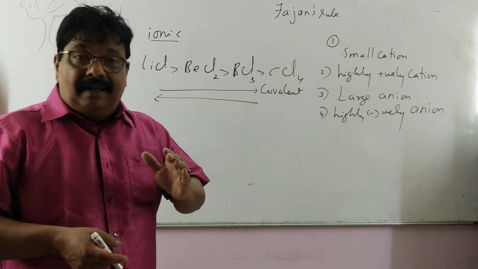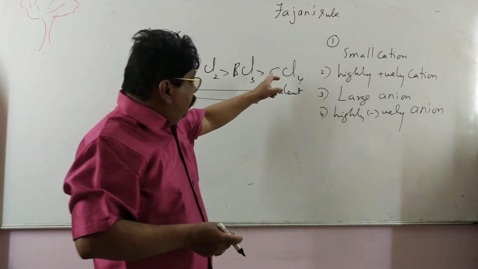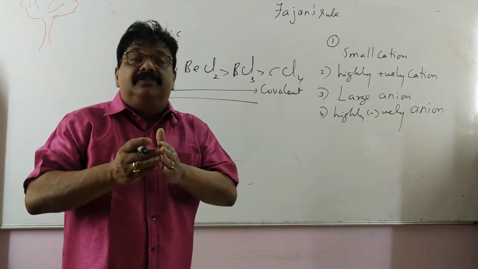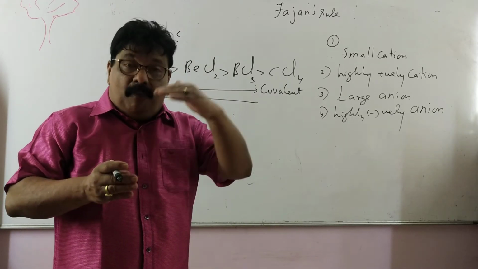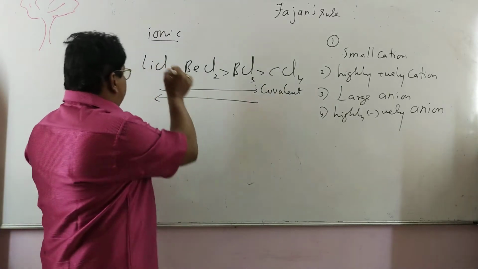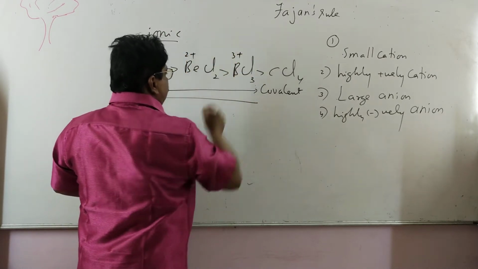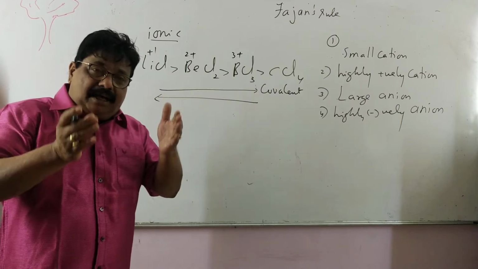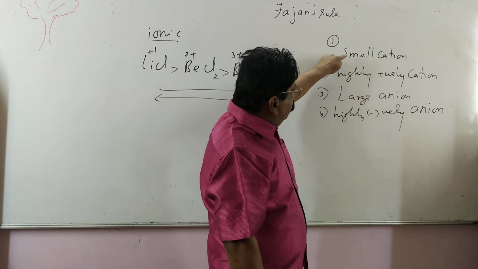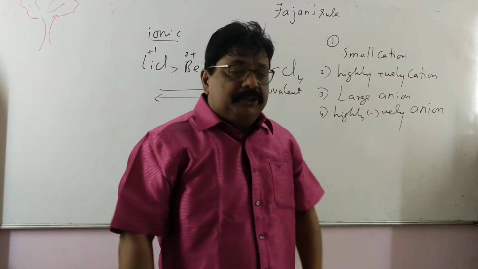Because the size of the central metal or central element will decrease, and the positive charge of the central ion will be more. Say lithium 1+, beryllium 2+, boron 3+. The more the positive charge increases, the first 2 conditions apply: small cation and highly positively charged cation.